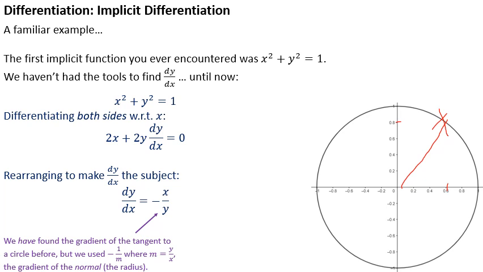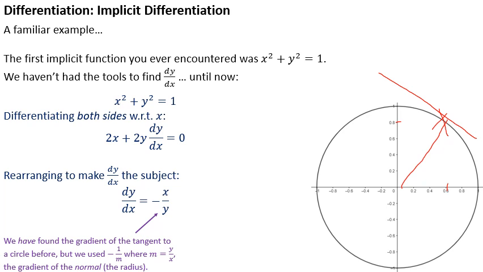So if you've got the point 0.6, 0.8, then it has a gradient of 0.8 over 0.6, or 8 over 6, or 4/3. And once you know the gradient of the normal, 4/3, you can get the gradient of the tangent by doing the negative reciprocal. It's going to be minus 3/4 in this case. So the point with coordinates 0.6, 0.8 has tangent with a gradient of minus 0.6 over 0.8. In other words, minus x over y.